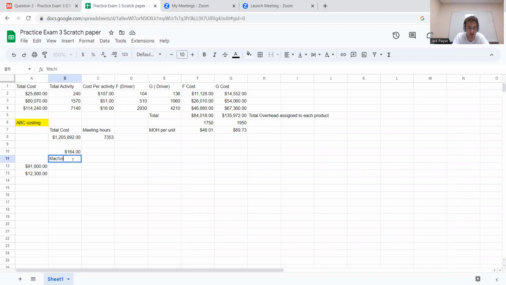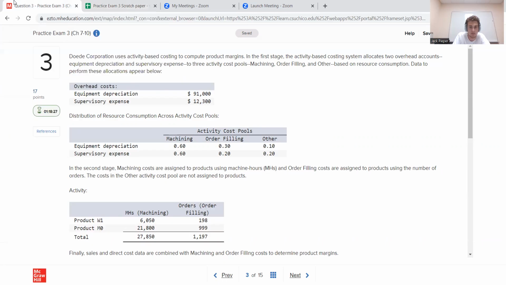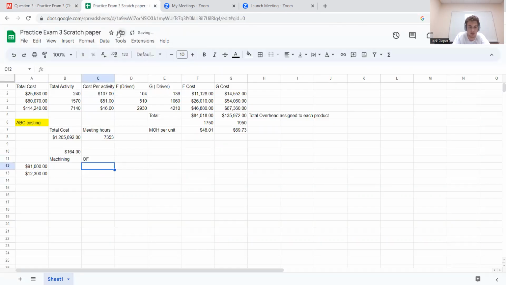So machining, order filling, and other. We'll do 0.6 times 91,000 for the machining, because it's 0.6 here, and then we'll do 0.3 times 91,000, and for other, 0.1 times 91,000.